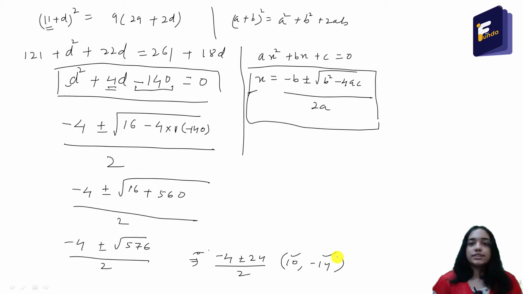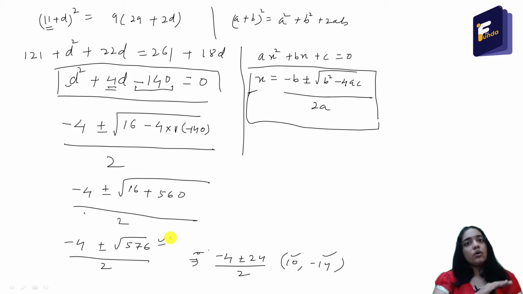For solving this kind of questions, if you memorize the values of the squares of numbers from 1 to say 30, then calculating roots, as we have calculated the root of 576, will be very easy for you. If you cannot learn up to 30, then just learn up to 25.